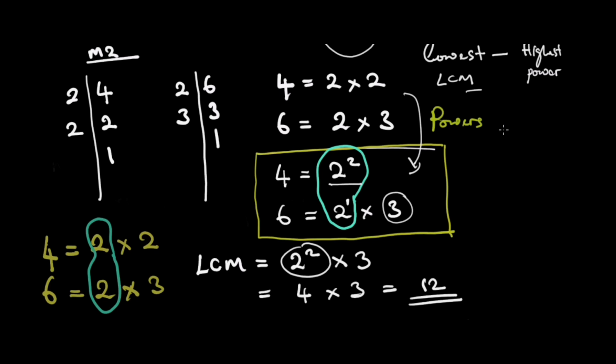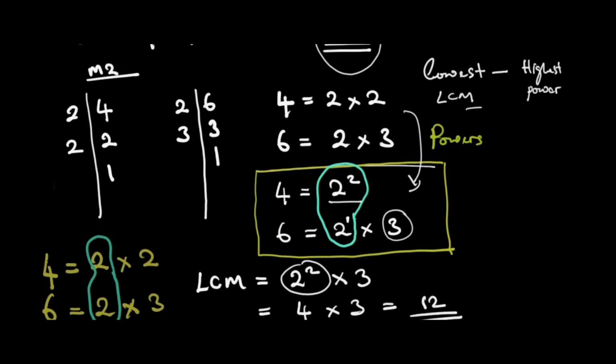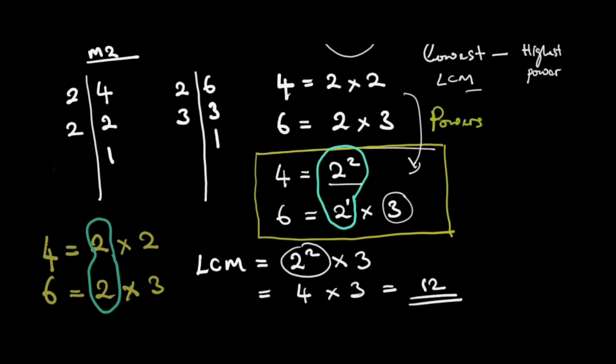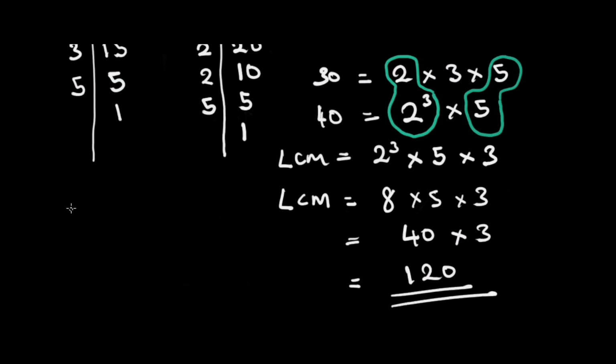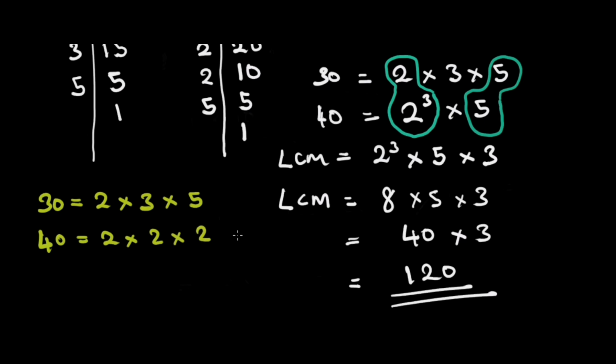But this is another way of doing it. Handei kune our example number 2 tuone kuti zvinoapply here. For example number 2 tinenge takuti 30 is equal to 2 times 3 times 5. Then 40 is equal to 2 times 2 times 2 times 5.